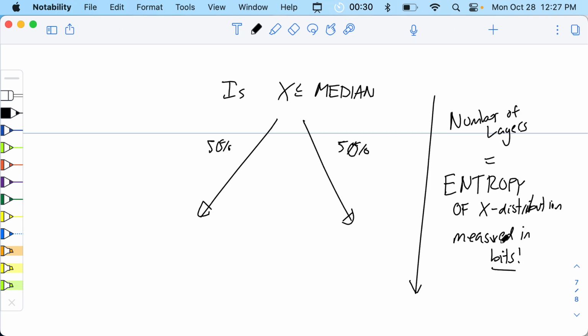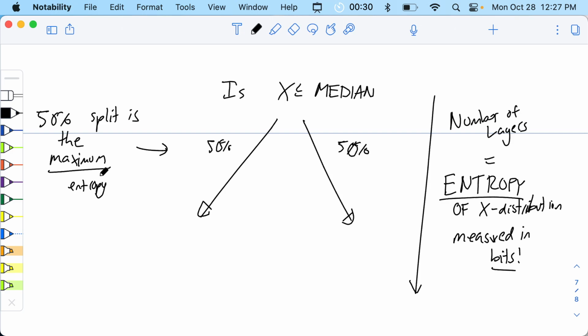There's a whole field called information theory where they study these kinds of questions. And what we were really doing over here is maximizing the entropy. This 50% split is the maximum entropy choice. That means make it as uncertain as you can, in some sense.